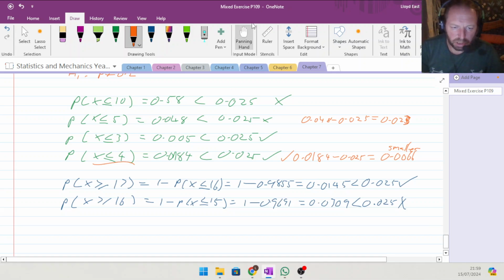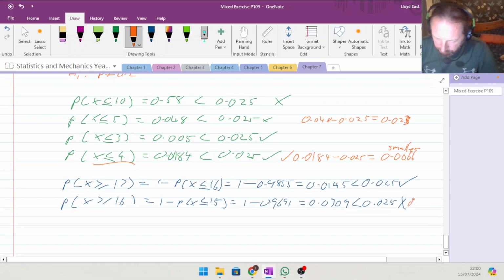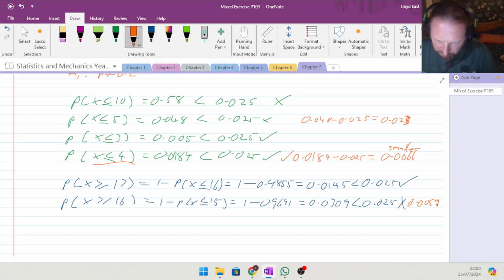Now look at these two results we've got here. Do exactly the same: 0.0145 take away the 0.025 and also do it on the 0.0309, so that we can see them both. 0.0309 take away 0.025 is 0.0059, and when we do it on the 0.025 take away the 0.0145, we end up with 0.0105.